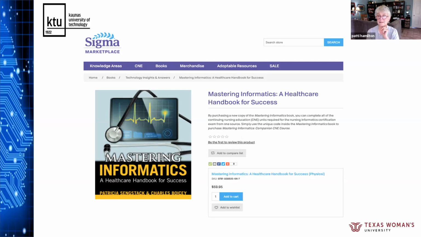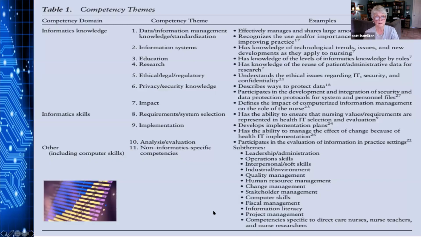So all that is to say, if you're thinking about getting certified as a nurse informaticist, one way to navigate that system is through purchasing this textbook, then doing the continuing education that's required, and then taking the exam. So you can certainly take a look at that and see if that's of interest to you.